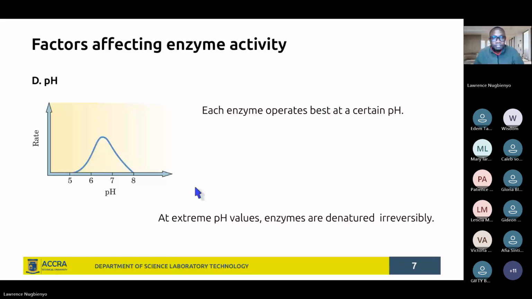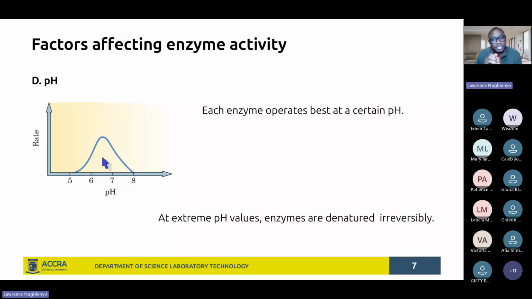Now pH. The influence of pH looks very much like that of temperature. In this instance, different enzymes have their particular pH levels at which their activity is optimal.